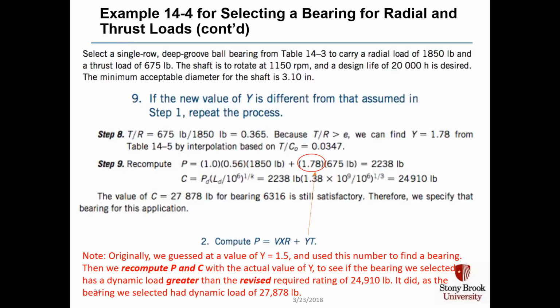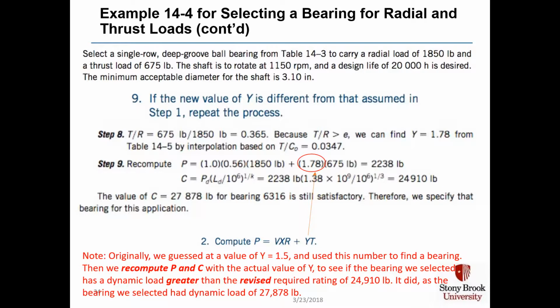If the new value of Y is different from that assumed in step 1, we have to repeat the process. So in step 8, we calculated T over C sub O of 0.0347. In step 9, we recompute the value of P using the updated value of Y, which in this case is 1.78 as opposed to the 1.5 that we guessed earlier.